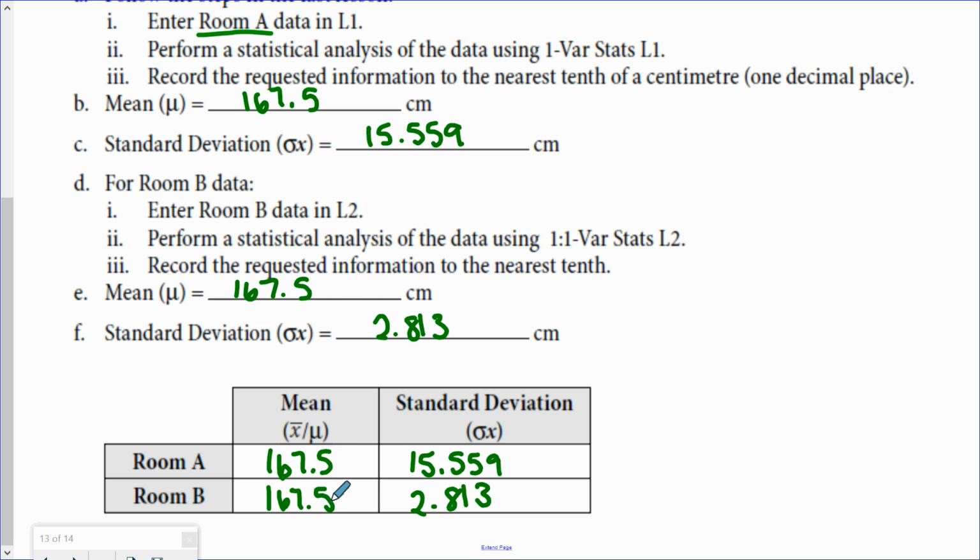So we can see that our means were the same for room A and room B, but we had different standard deviations. Take a second and think about what a high standard deviation means versus a low standard deviation.